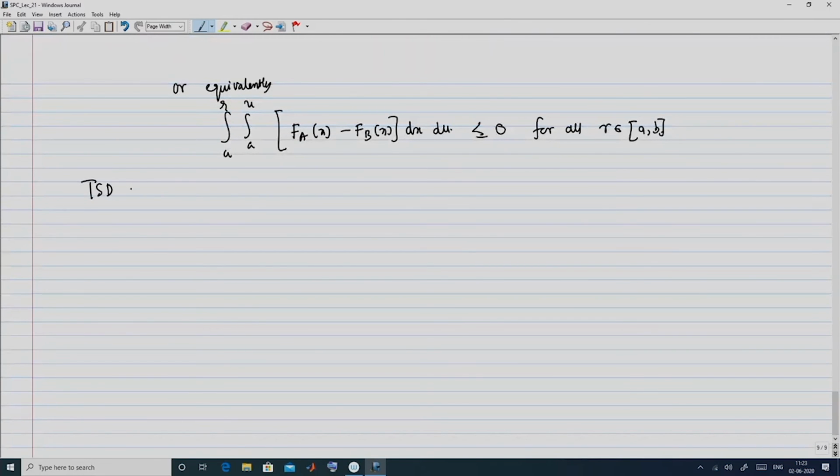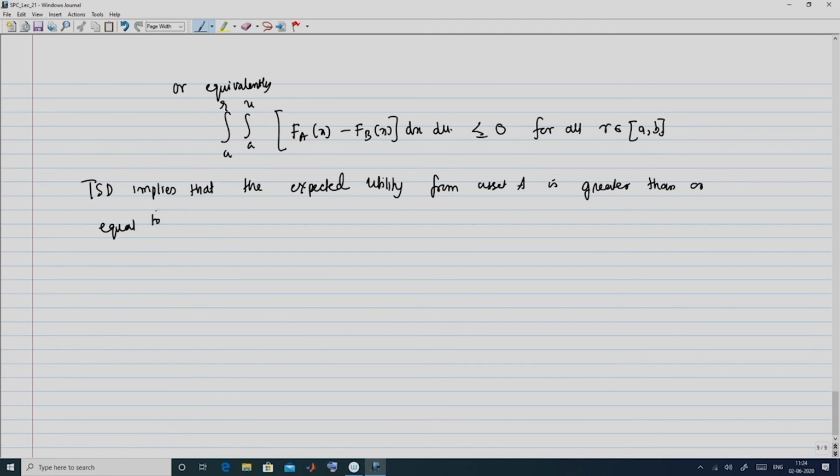So, what the TSD does is that it implies that the expected utility from asset A is greater than or equal to that from asset B.